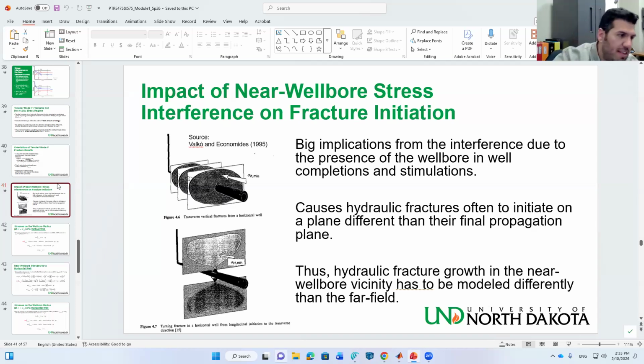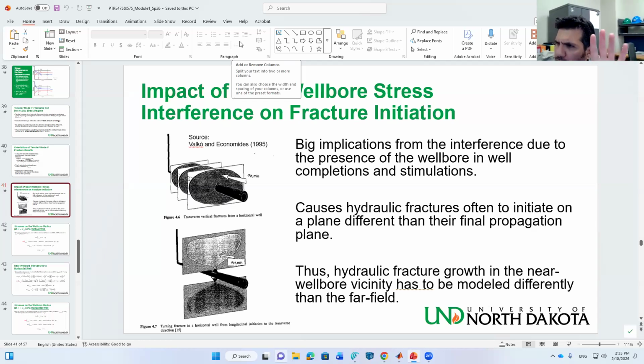In this case, we said it's something very bad because it creates near wellbore tortuosity. This is like fluid complexity, or fracture complexity, in the near wellbore region. This near wellbore tortuosity will cause issues when you are doing completions and stimulating: you may end up having what we call screen outs.